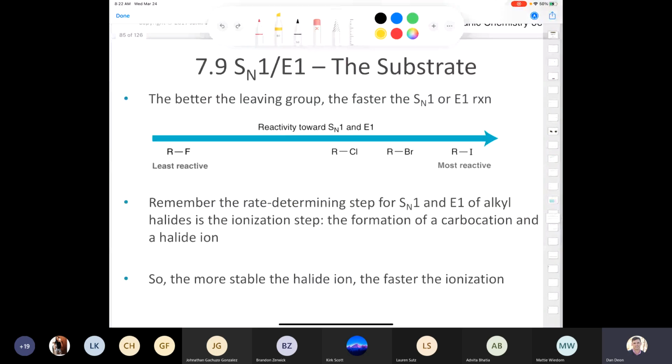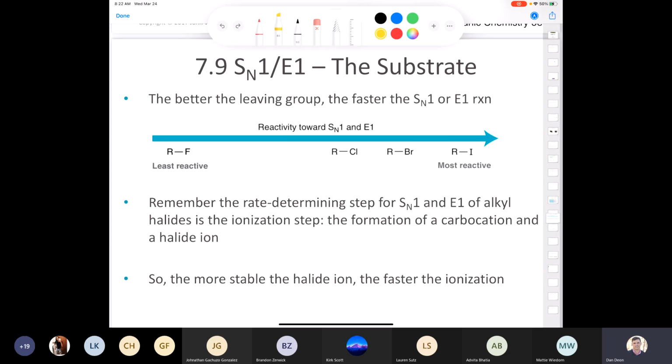Well, let's talk more about the substrate, right? We've talked about leaving groups quite a bit in this class. We talked about what constitutes a good leaving group. It's going to be a weak base or the conjugate base of a strong acid. So that explains why iodide is going to be a better leaving group than bromide and chloride.